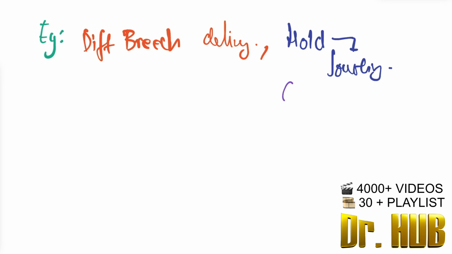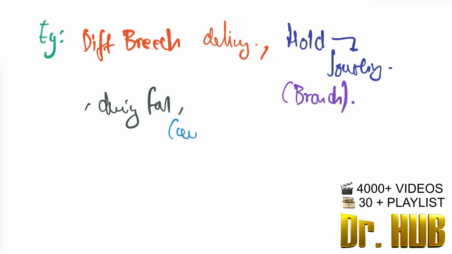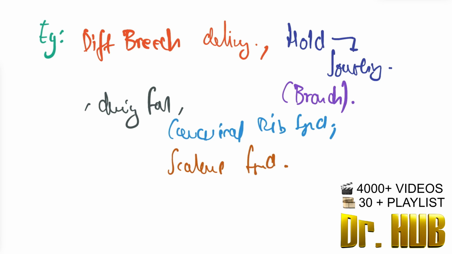For example, a branch, or during a fall, or it can be due to cervical rib syndrome. Next, it can also include scalene syndrome.